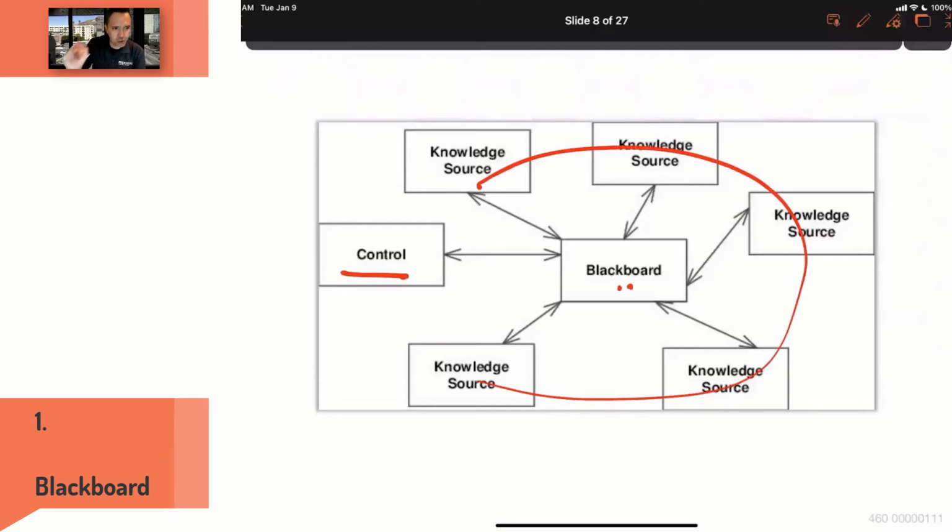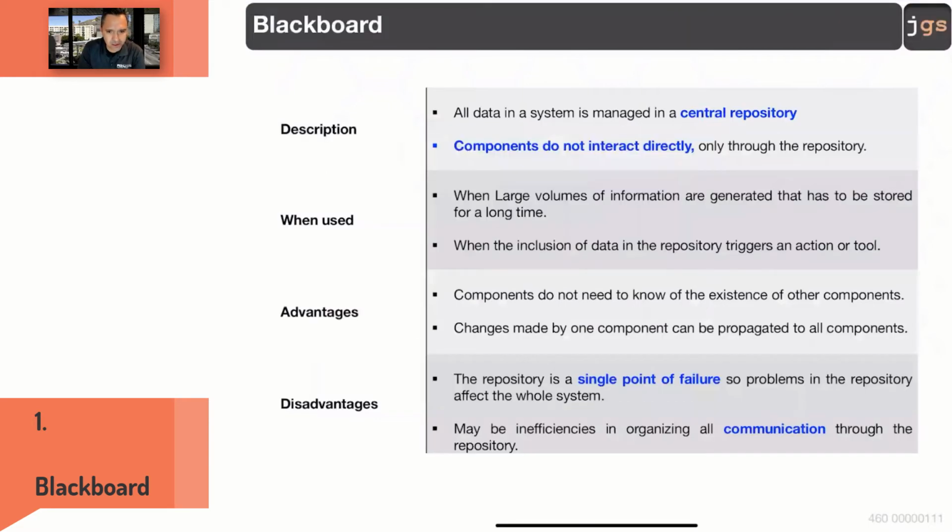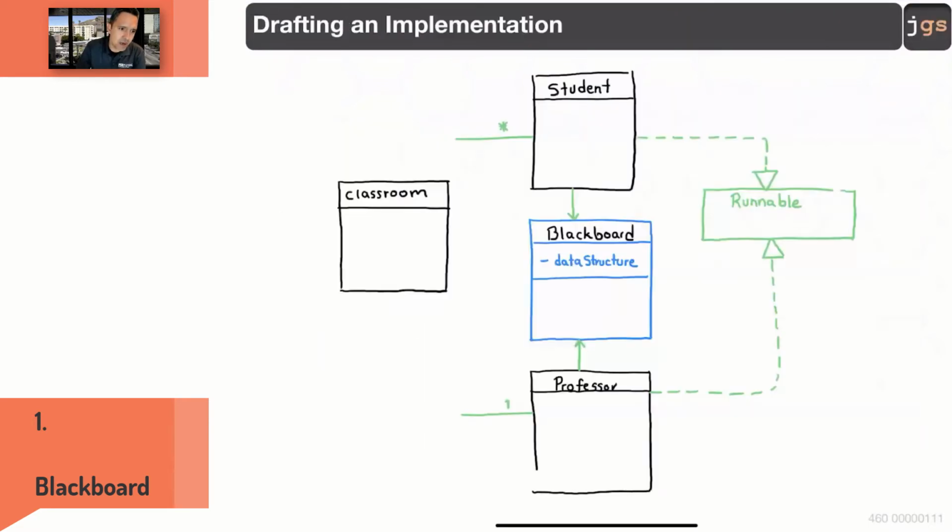If I ask you how to implement this, if I ask you about moving this to a program, the program is going to be source code that we need to review. But we start with a class diagram.